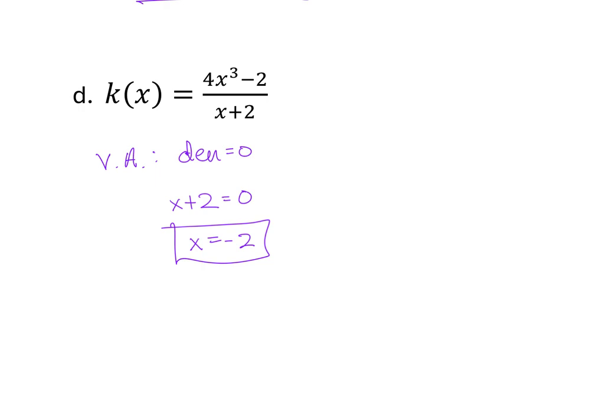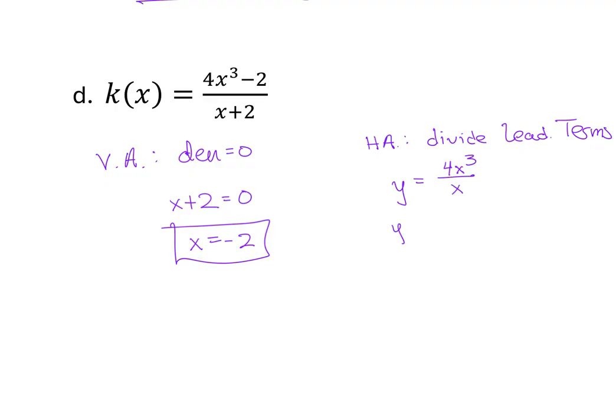The next thing I want to know is, do we have any horizontal asymptotes? For horizontal asymptotes, we divide the leading terms. If we do this, we get y equals 4x cubed over x.